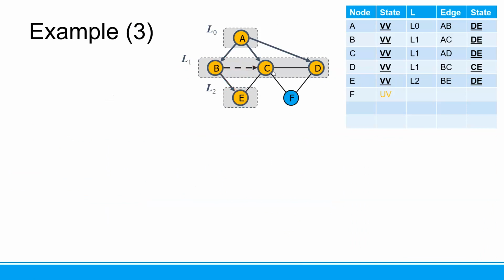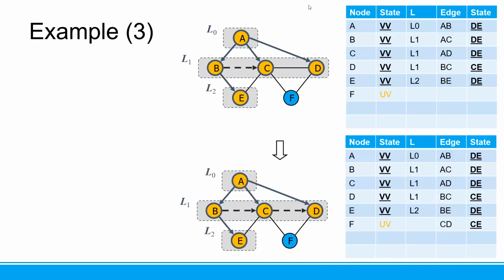After we finish with B, we continue to C. Again, we want to check the incident edges. The incident edge of C is this one, and the opposite of C is D. Is D visited or not? D is already visited.